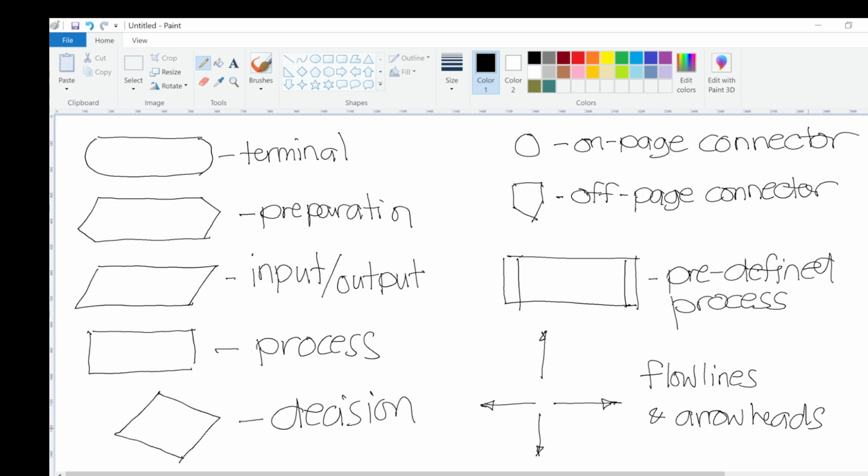Flow lines and arrowheads show the flow or direction of the process. These connect the symbols, telling us the order in which the steps are carried out. They help us see the path that the program takes from start to finish.